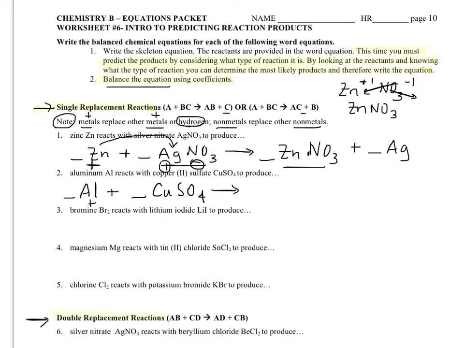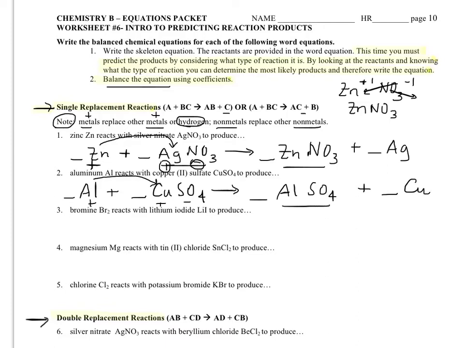Well, aluminum has a positive charge, copper has a positive charge, sulfate has a negative charge. So the aluminum is going to take the place of the copper. Positive replaces positive. So what we end up with is aluminum bonding with sulfate, and copper is off on its own.